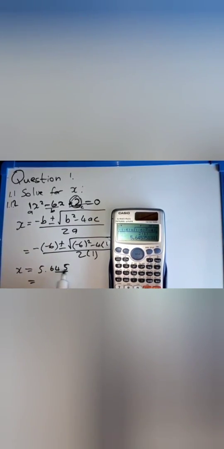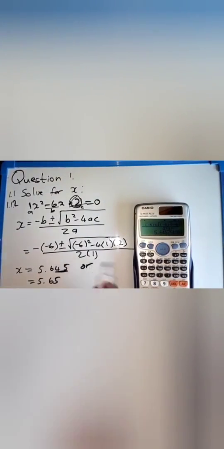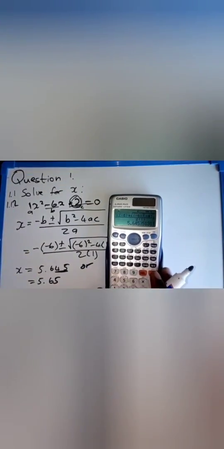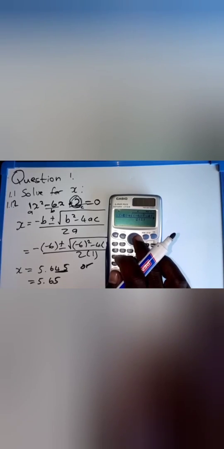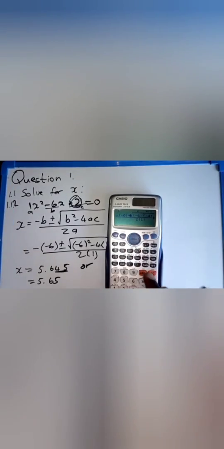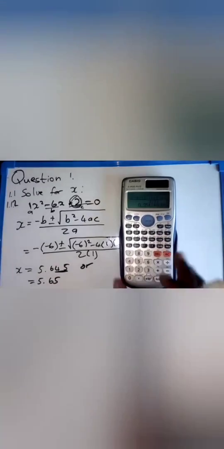But now, because they said you must leave 2 decimal places, it will be 5,65. Then I go to my calculator and change my positive sign to a negative. This gives me what? X is equals to 0,35.